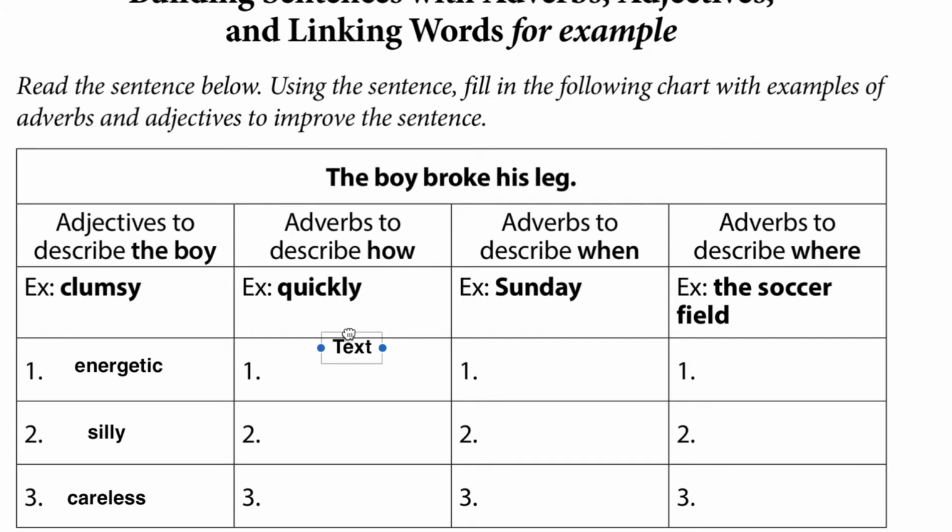Let's think of some adverbs we can add in here to describe how he broke his leg. We could say he broke his leg. He broke his leg slowly. They have quickly, so we could add slowly.